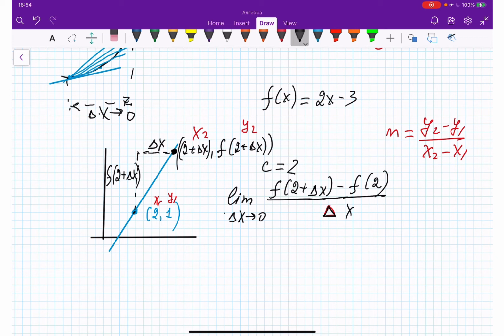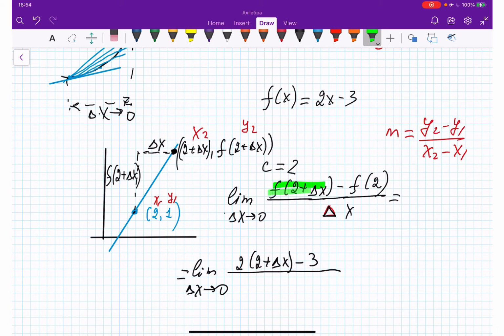And we are getting the limit as delta x approaches 0. So I'm getting 2 times (2 plus delta x) minus 3. What am I doing? This f of 2 plus delta x, I am replacing with 2x minus 3.